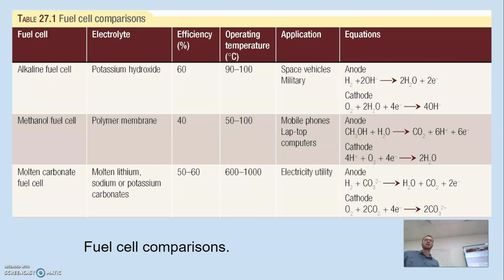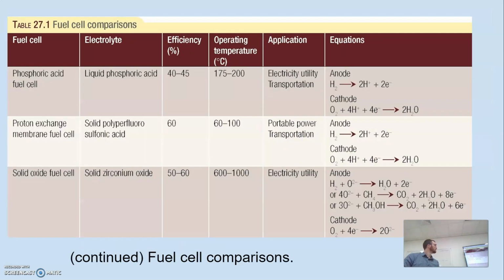Heat loss to the environment. Fuel cells, any heat loss to the environment? No. Well, they might have a bit of heat, right? It is an exothermic reaction, but the difference is we've got direct conversion of chemical potential energy into electrical energy, right? So much less energy loss to the environment.